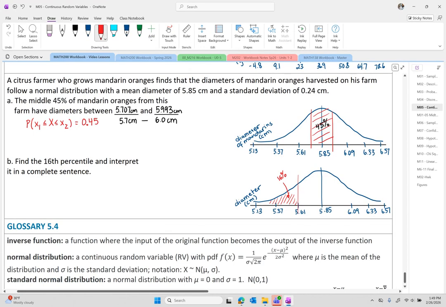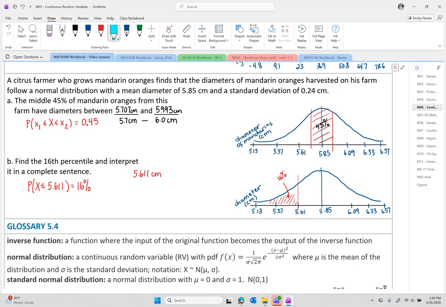So the mathematical expression: the probability of the variable being less than this value, 5.611, equals 16%. And we kind of knew it. It was pretty accurate, 5.61 was our value there. And I would say here that this is 5.611 centimeters. Then it says to use a complete sentence to interpret it.